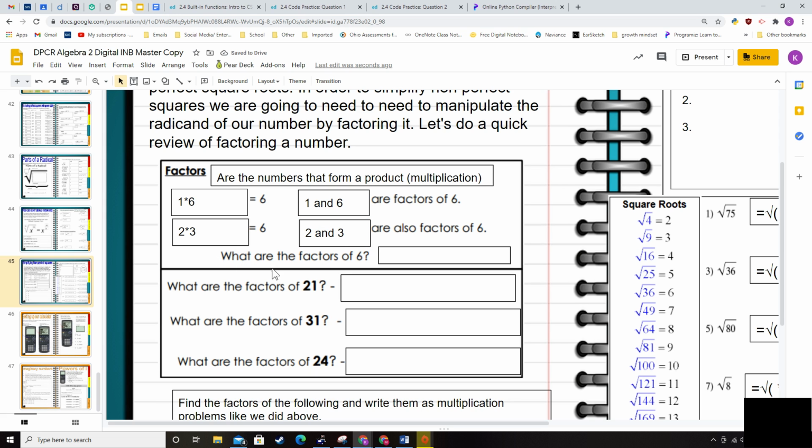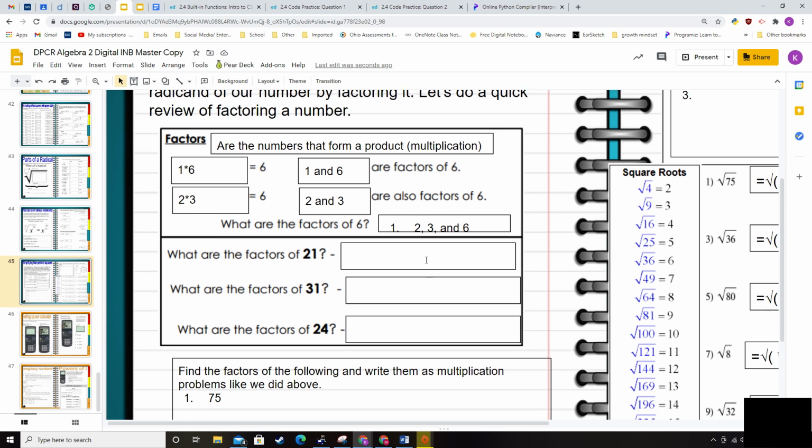So, what are the factors of 6? We have 2 pairs of numbers that work for this. So that means that all 4 of these numbers, 1, 2, 3, and 6 are all the factors of 6.